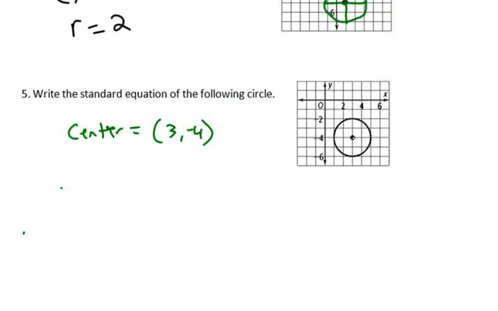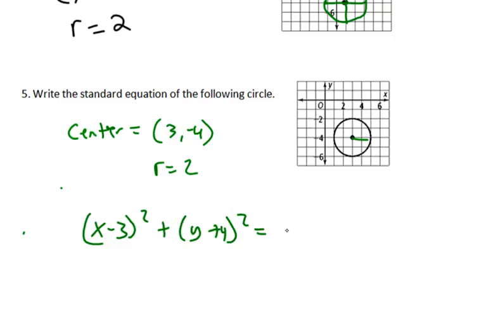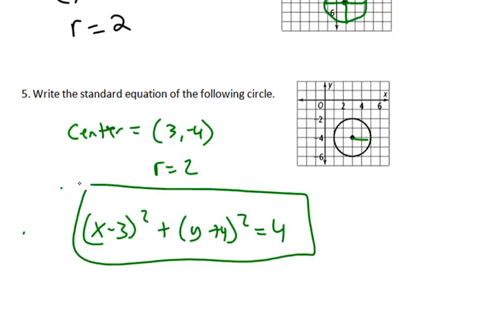Looks like the radius for this one is also 2. All right, so the standard form of the equation, we have x minus 3 squared plus y minus negative 4, which would be plus 4, squared equals 2 squared, which is 4. And there we go. Not so bad, huh?